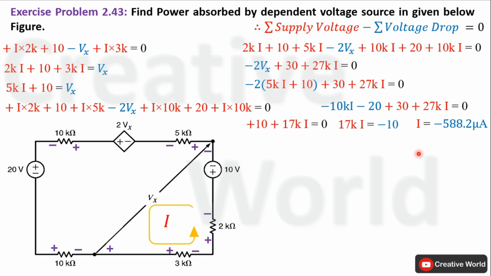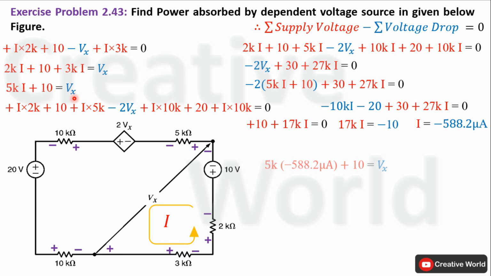Here minus sign along with the value of current I is indicating that we have assumed the wrong direction of current inside this circuit. If you have assumed the direction of current clockwise, then you will not have minus sign here with the value of current I. Now we have calculated the value of current I, we can calculate the value of Vx.